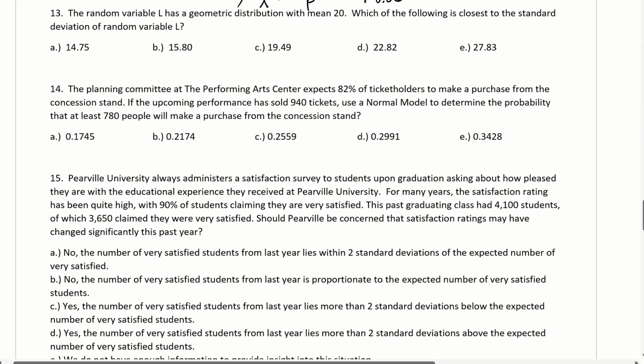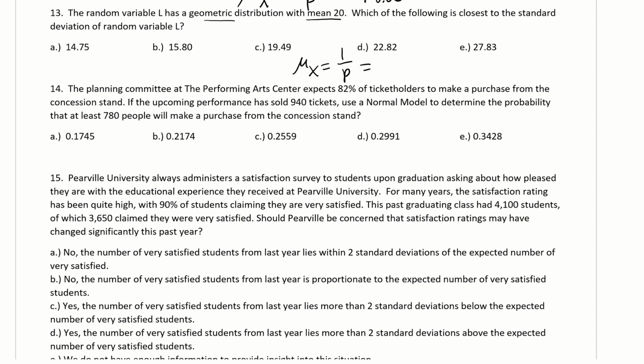All right, so number 13. The random variable L has a geometric distribution with mean 20. Which of the following is closest to the standard deviation? All right, so they said the mean is 20 and it's geometric. So we know that mu x is 1 over p, and they said that's 20, right? So we're going to solve for p here.